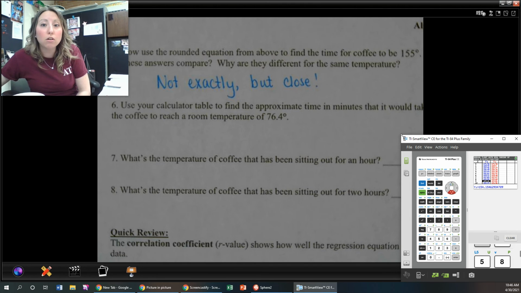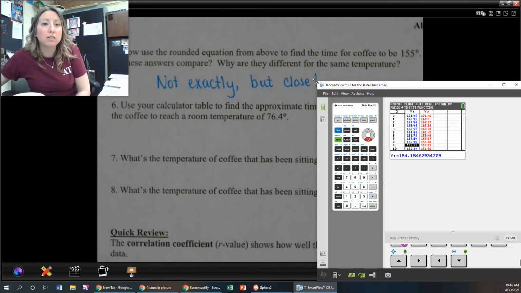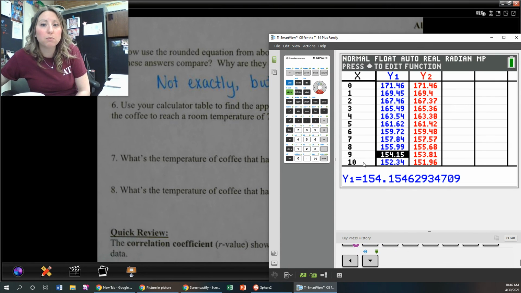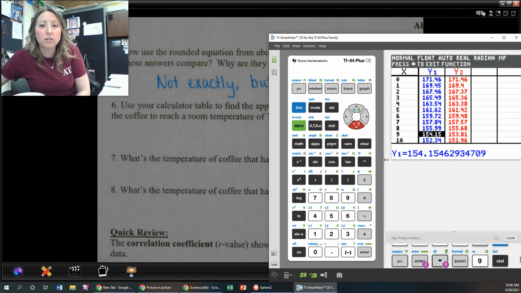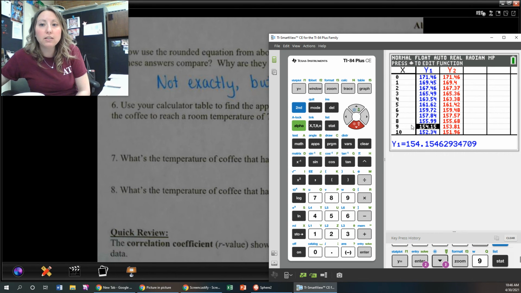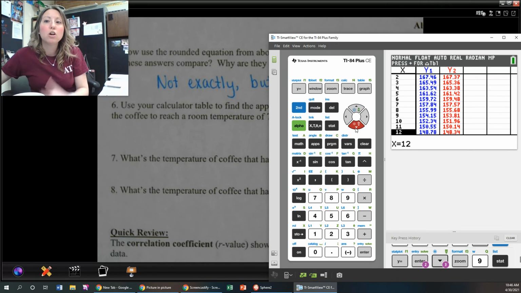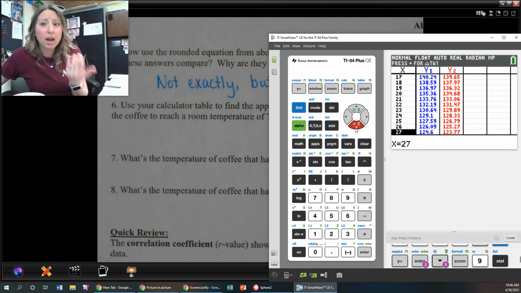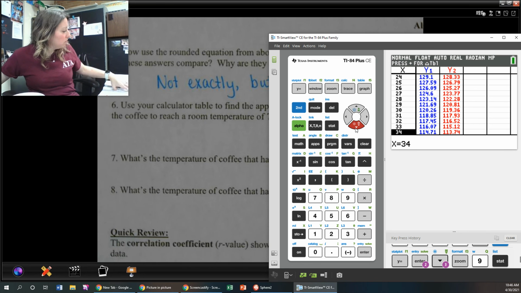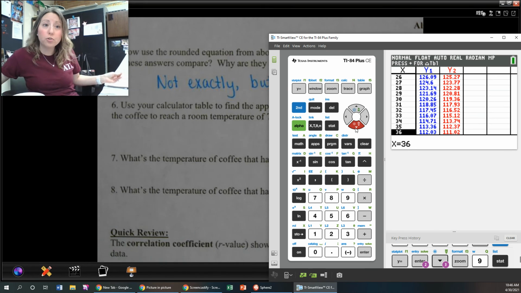So speaking of, we want to know how many minutes it's going to take for the coffee to reach approximately room temperature, which is 76.4 degrees. So let's keep heading down the line. I'm going to go on my X's because that's, of course, my time. And as I'm heading down my X's, just look at my Y's. Now we're still in the 140s, so this is going to take a bit. We know from the data that after 50 minutes, we're still at 100 degrees.